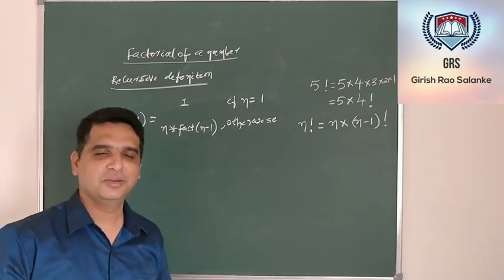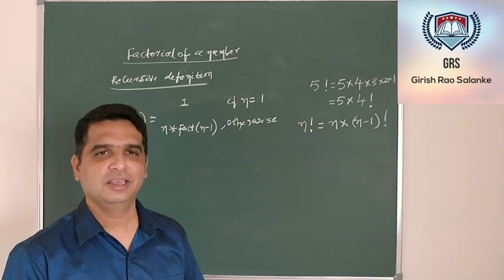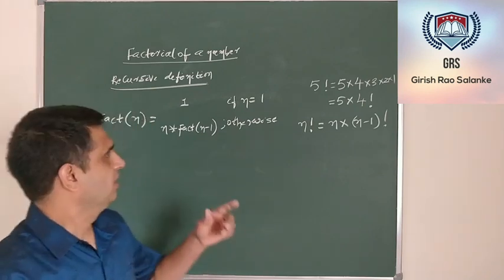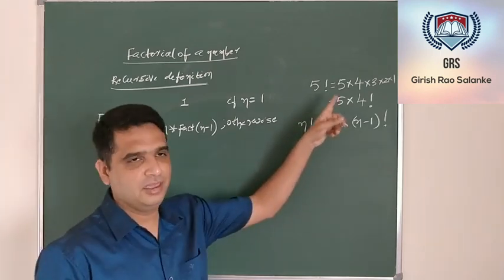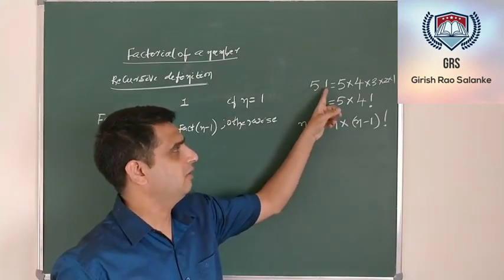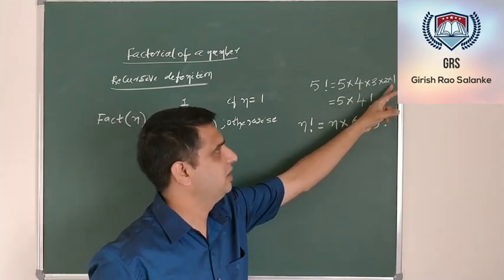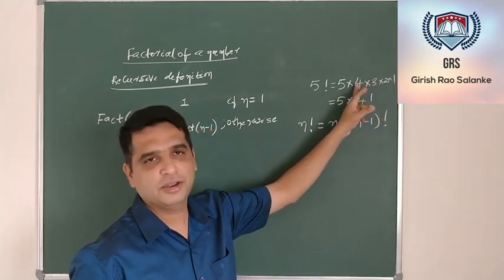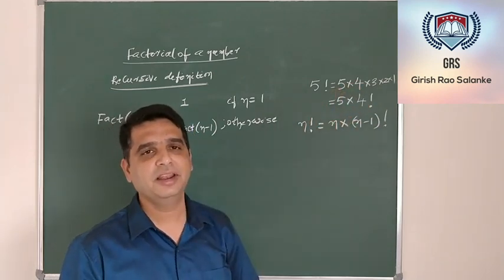With the help of the recursive definition, it is very easy to write the recursive function. I know 5 factorial is 5 into 4 into 3 into 2 into 1: 3 2s are 6, 6 4s are 24, 24 5s are 120. My answer is an integer number.